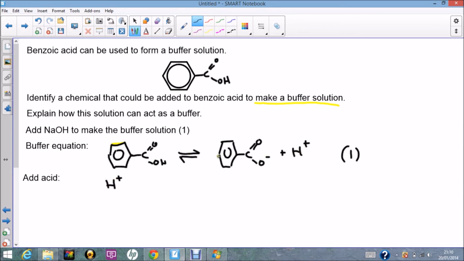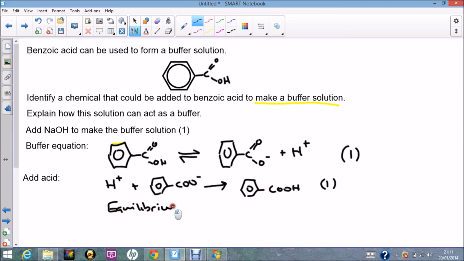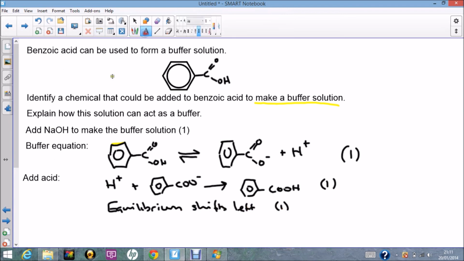So the H plus is going to react with that negative ion, forming that. We'll get 1 mark for the equation, and we say equilibrium shifts left for another mark.